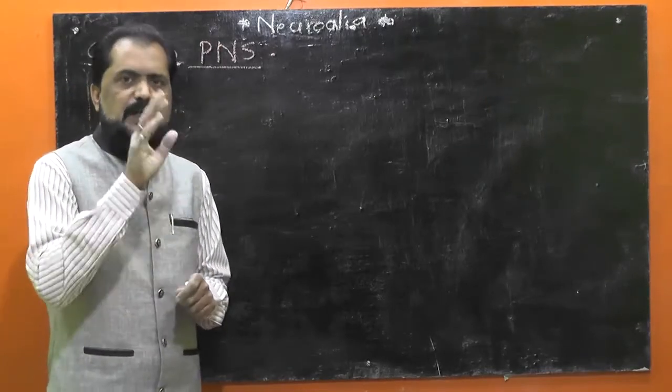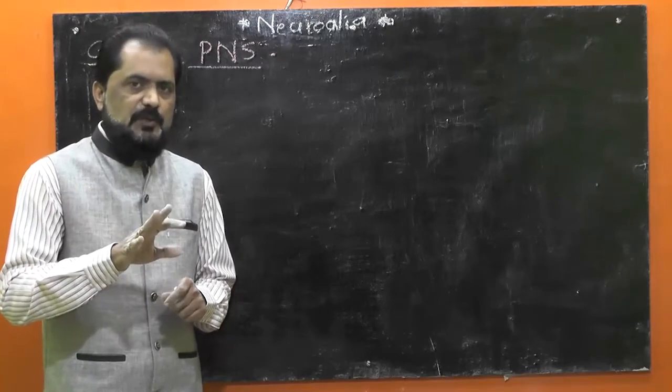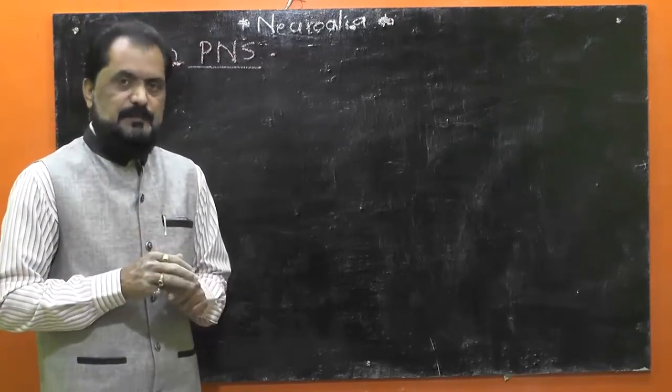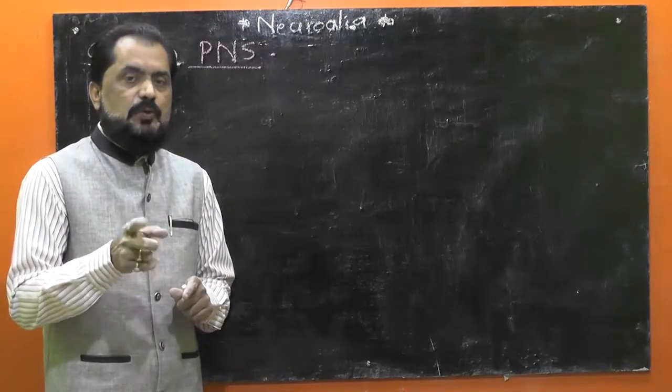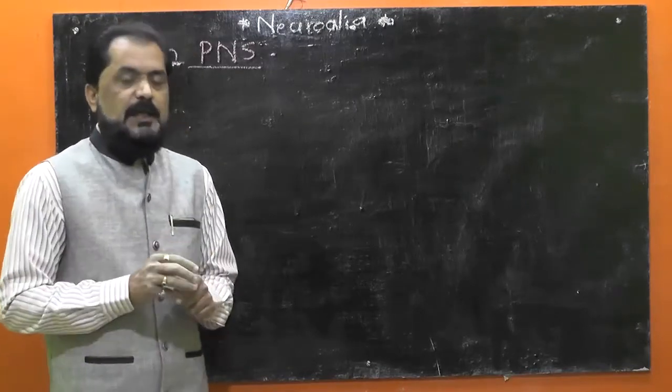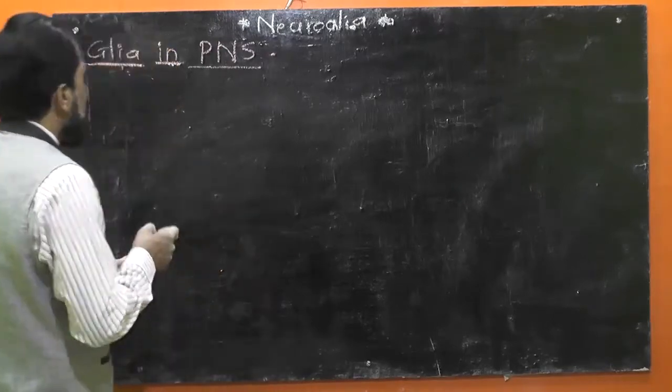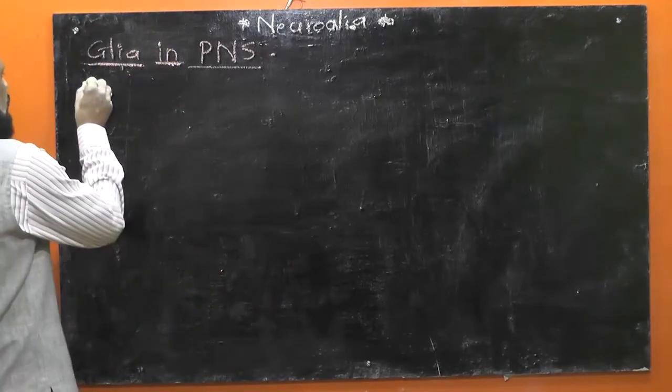Now this peripheral nervous system includes only the cranial nerves and spinal nerves. It means the nerves originating from brain and nerves originating from spinal cord.